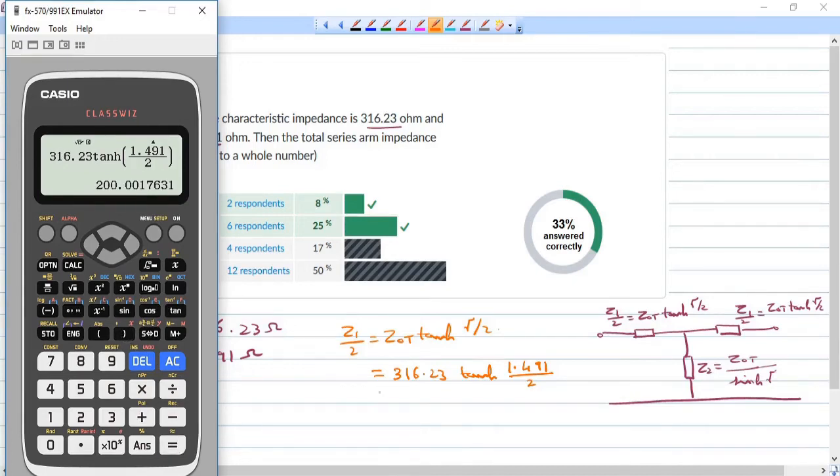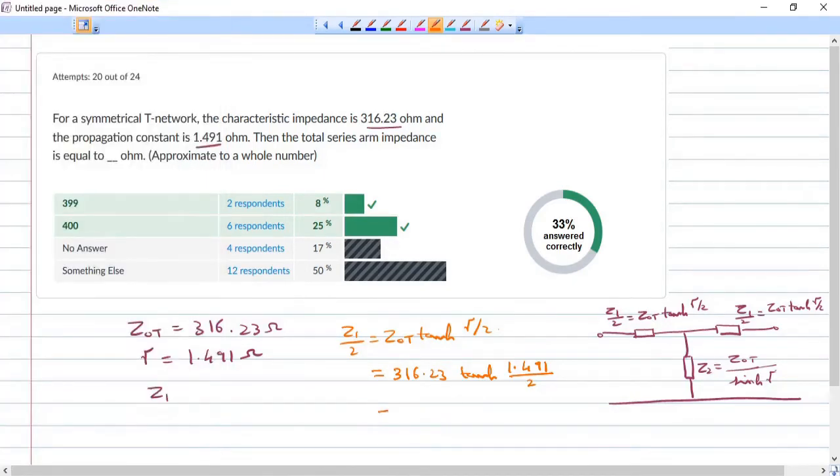So that is equal to 200. So this is our Z1 by 2. So what is Z1? It will be twice of 200. So that is equal to 400 ohm. That is the total series impedance. So that's the answer.